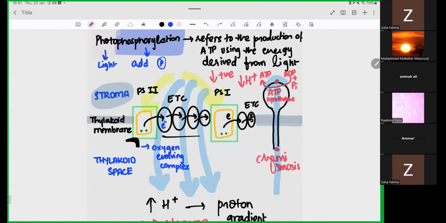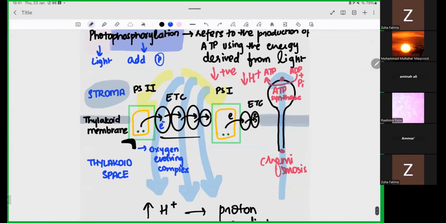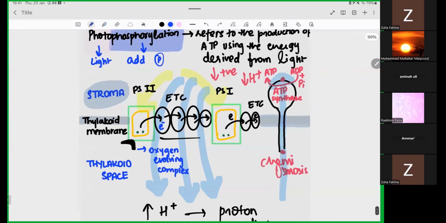Very good. Now, there is a question. We understand that the electrons are coming from the chlorophyll pigments, which are getting photoactivated, which are getting excited. But we need this continuous flow of electrons for the continuous photophosphorylation to take place.